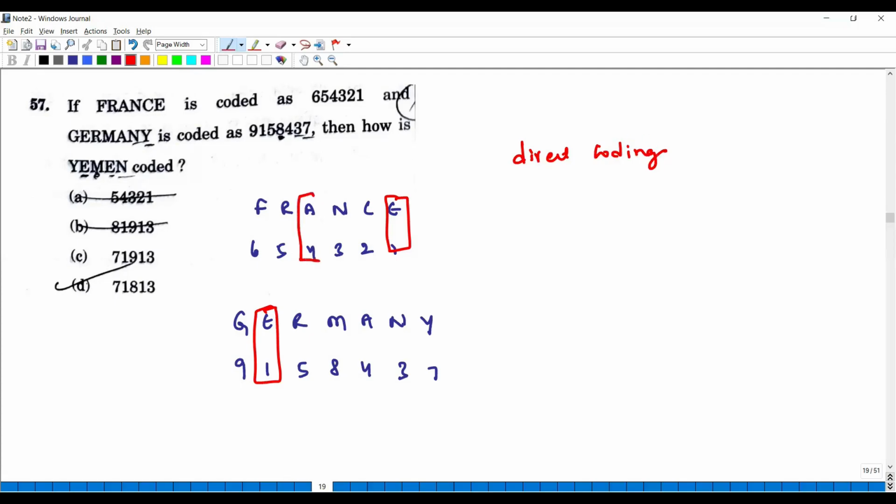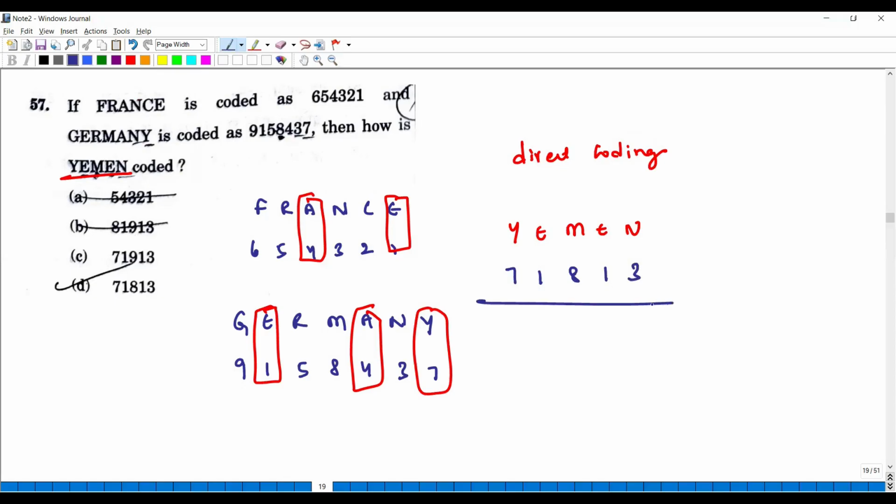You see A is coded as 4. Y is coded as 7. So Yemen: code for Y is 7, code for E is 1, code for E is 1, code for M is 8, then finally 3. So it is 71813.